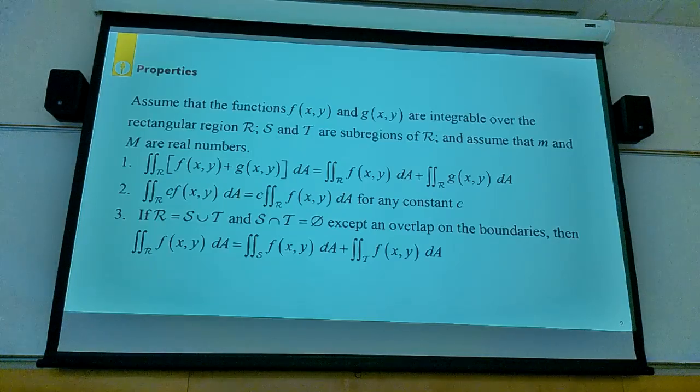So if you can write your rectangle as the union of two non-overlapping rectangles, except the boundary, that doesn't count, then the integral over R of f is just the integral over S plus the integral over T. Right, that is the analog of the integral from a to c is the integral from a to b plus the integral from b to c, where b is some point between a and c. So you can divide your interval, you can divide your region.